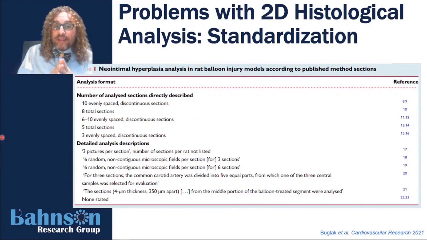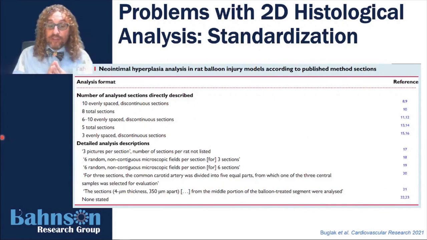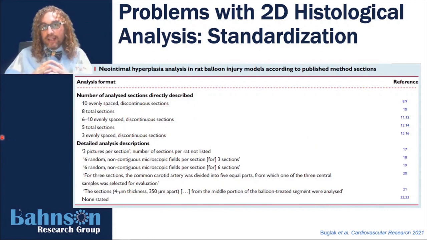And a problem that I think is huge in the field is the lack of standardization. The field recognizes there is a lack of rigor and reproducibility in studies of restenosis in these animal models of arterial injury. When you go to the literature and look at how people analyze that, first, the number of sections used for analysis varies significantly, from 3 to 10.